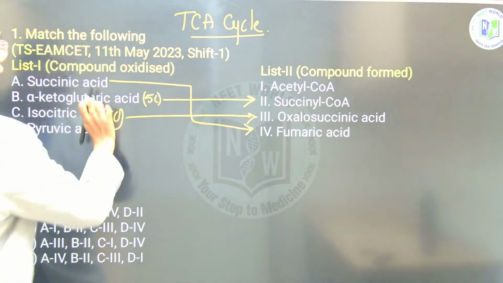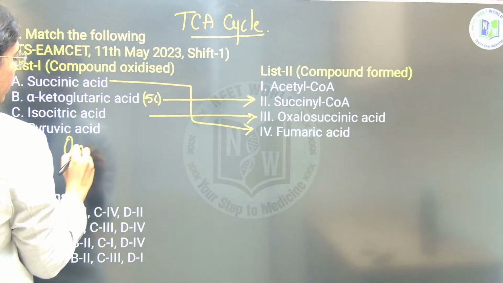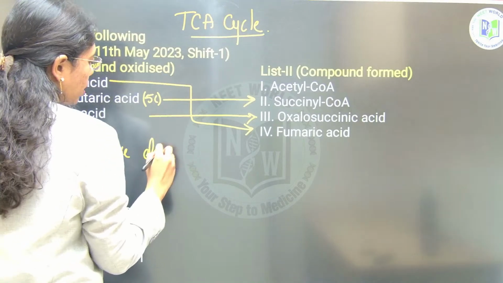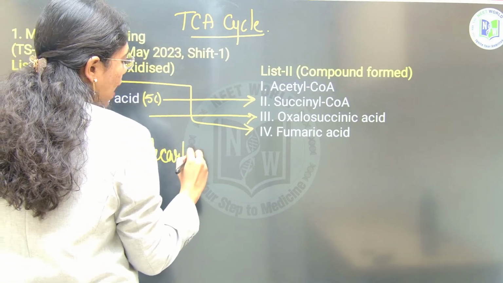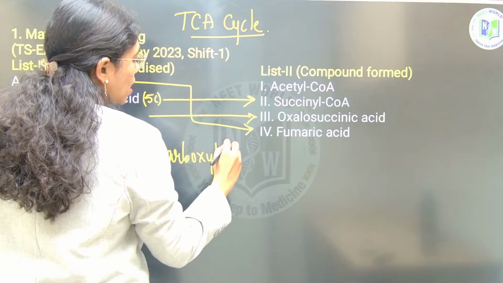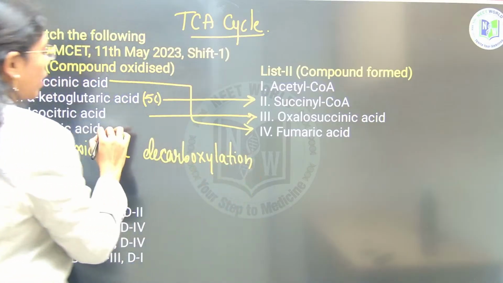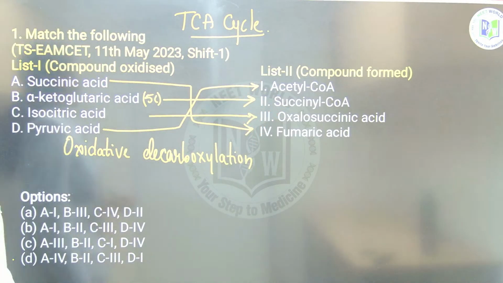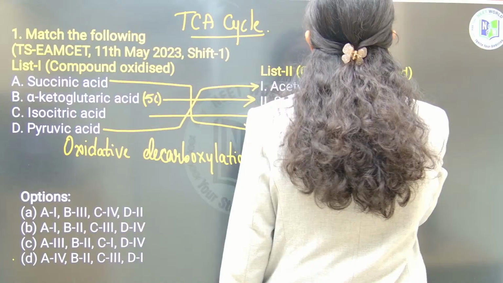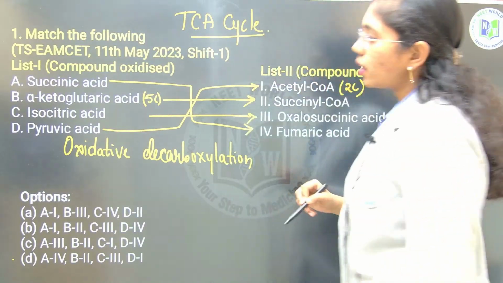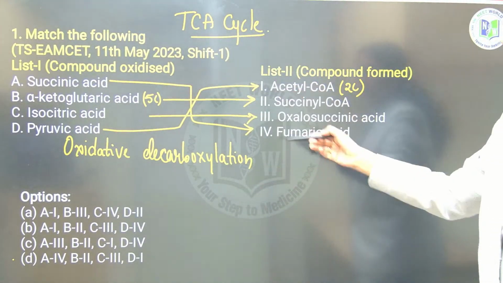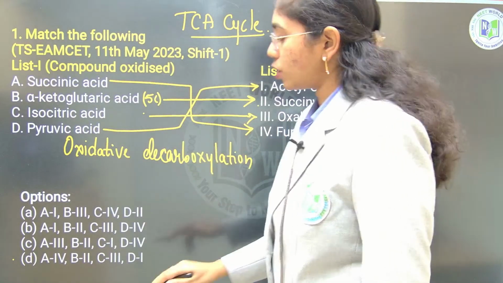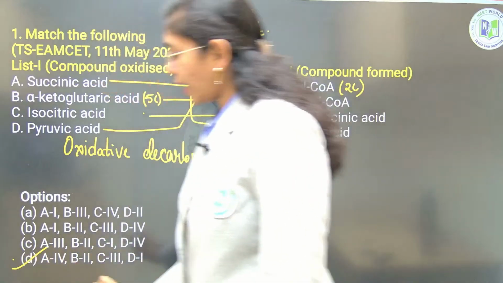Pyruvic acid, in the process of oxidative decarboxylation, which happens in the mitochondrial matrix after glycolysis, gets oxidized and forms 2-carbon acetyl CoA. So here A is 4, B goes with 2, C 3 and D is 1. Option D will be the right answer.